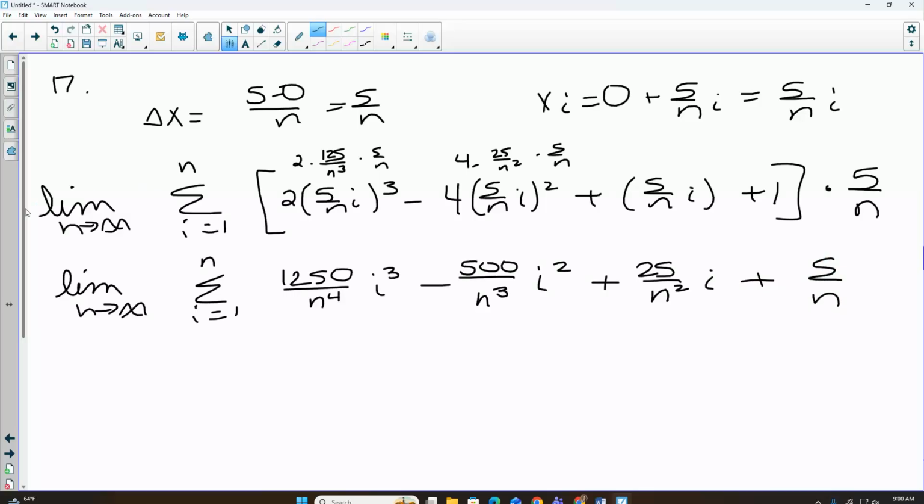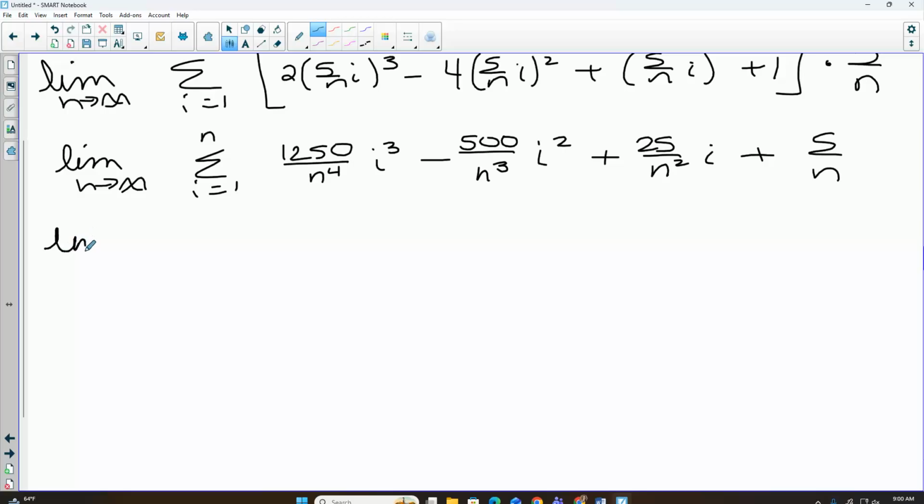So now we do the summation rules. The sum of i cubed is n squared times n plus 1 squared over 4.